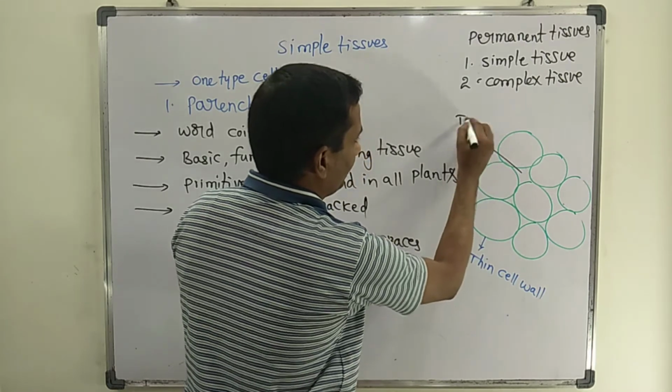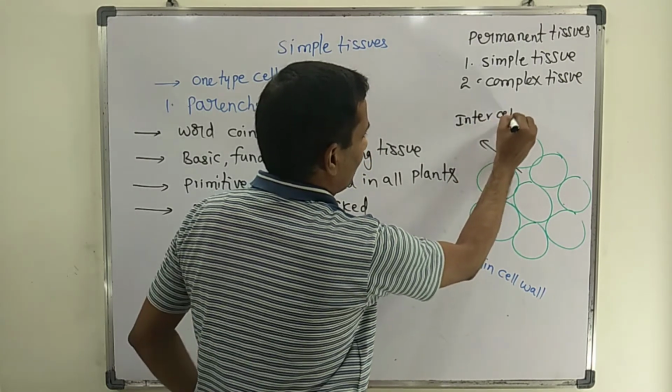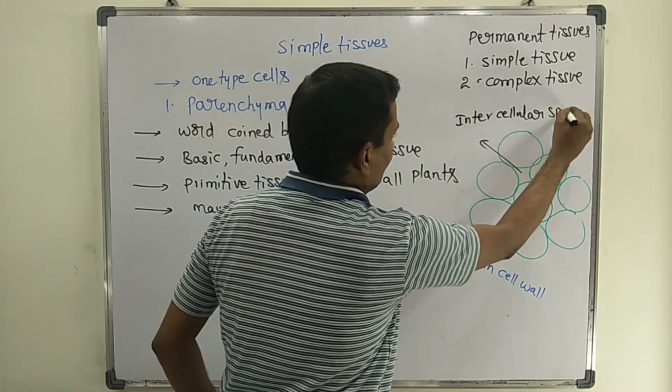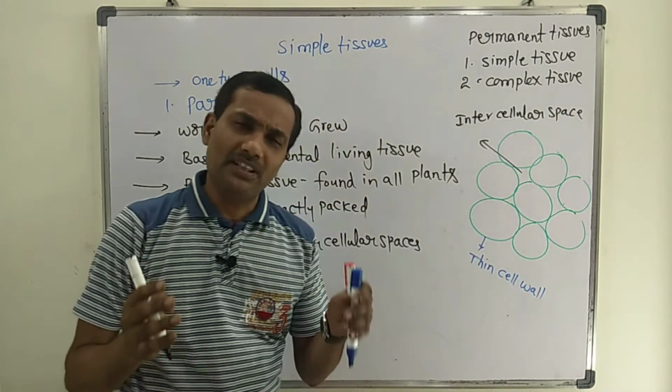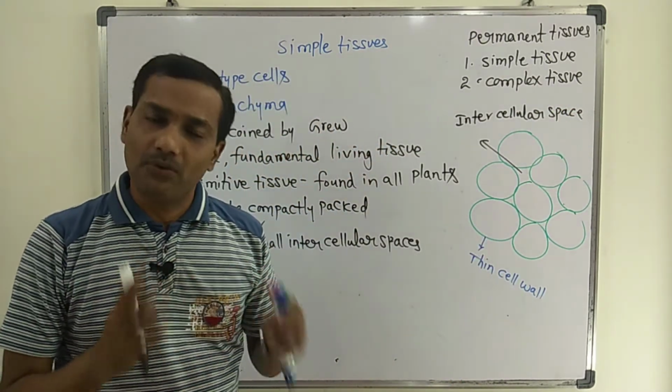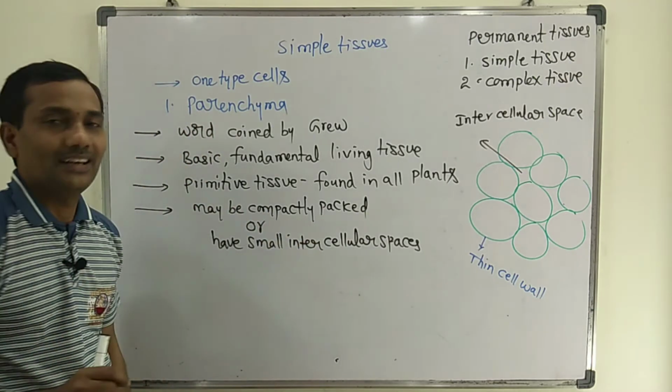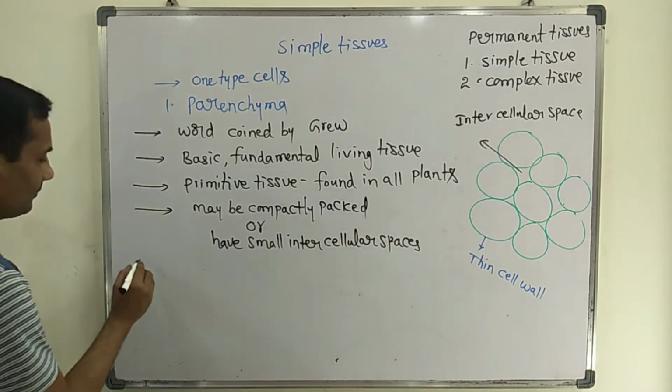In the majority of plants, you usually find small intercellular spaces.